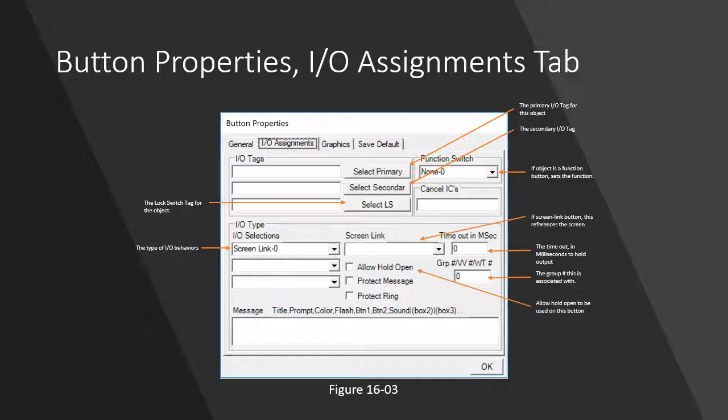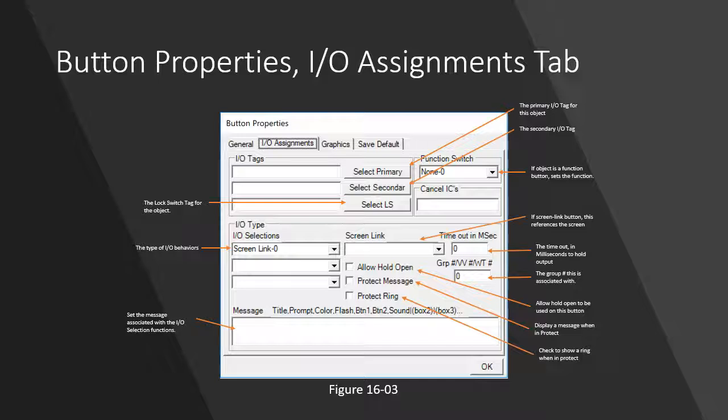The allow hold open would be that you're going to allow this object to be held open if right click or hold open button is pressed. Protect is the same, display a message when in protect mode, or you want to display a ring around the object when it's in protect.